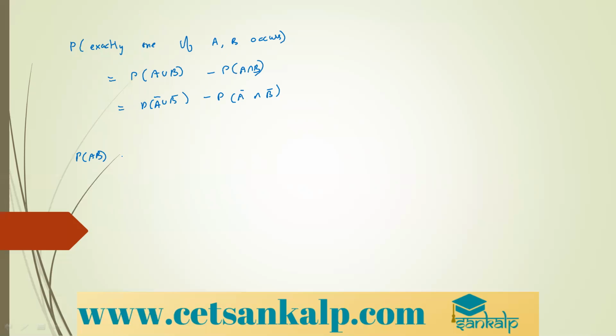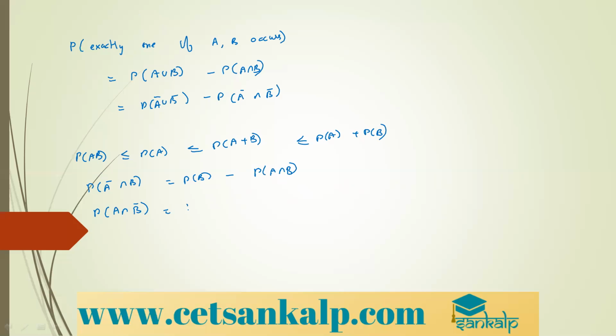Probability of A intersection B will be less than or equal to probability of A, which will be less than or equal to probability of A union B, which will be less than or equal to probability of A plus probability of B. Probability of A bar intersection B is probability of B minus probability of A intersection B. Probability of A intersection B bar is probability of A minus probability of A intersection B.